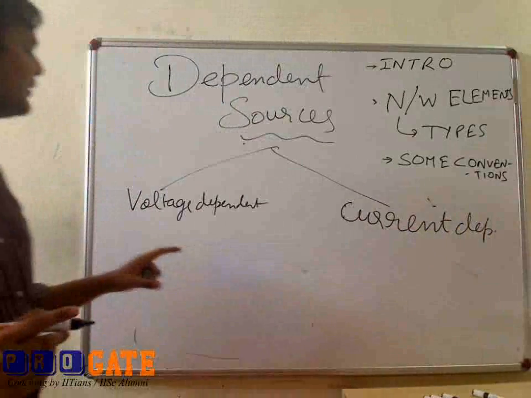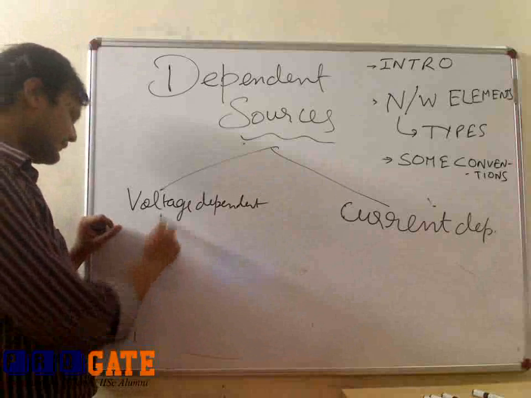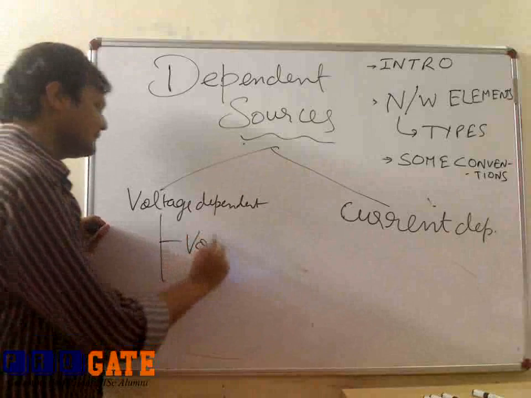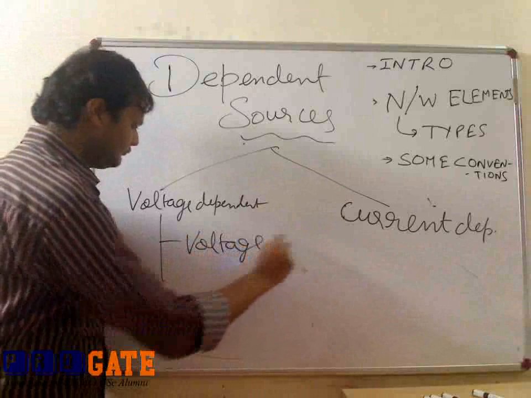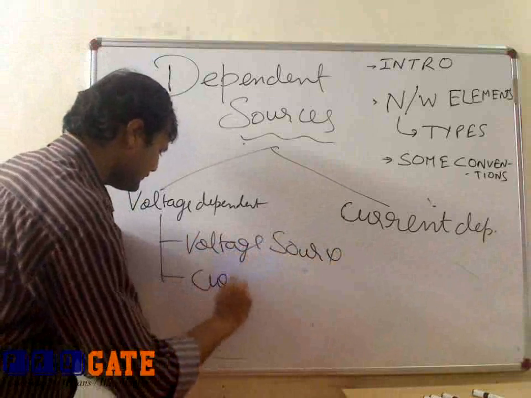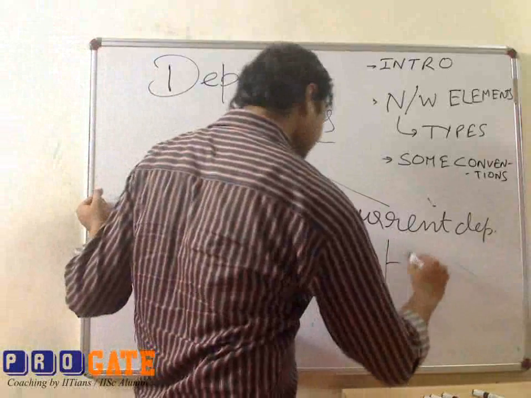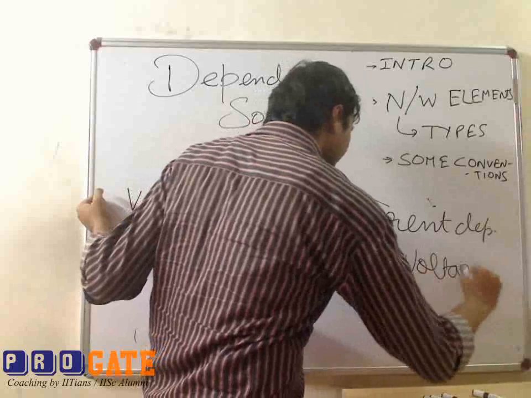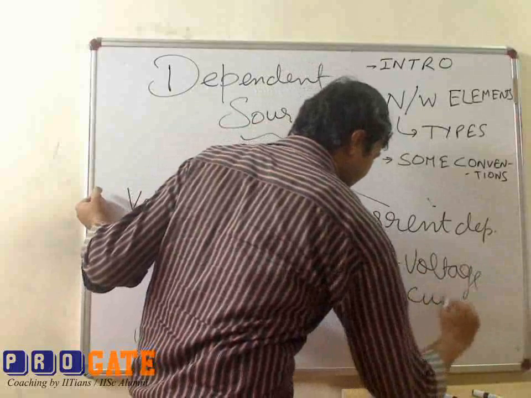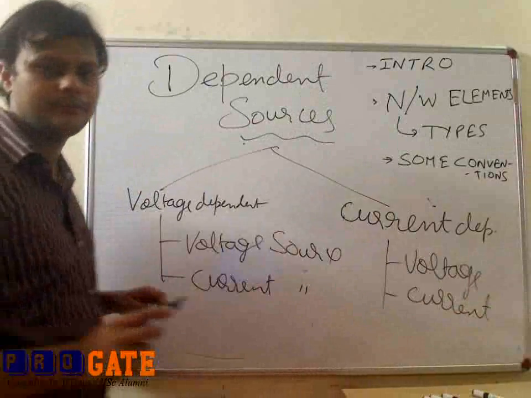So there will be a current dependent source, there may be a voltage dependent source, and again this may be a voltage source and it may be a current source. Same here. Will be a current source also.